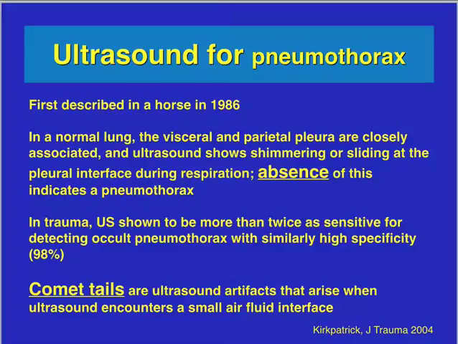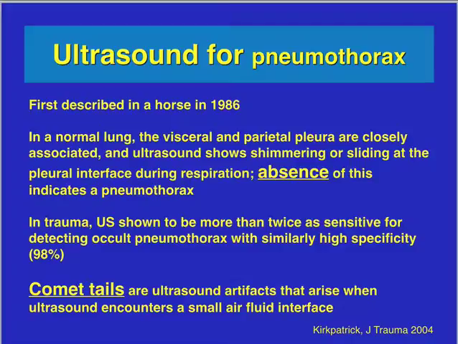Remember, absence of this can also be in other disease processes, such as the patient is not breathing, main stem intubation, pneumonias, aspiration pneumonias. So don't be tricked by thinking that just because there is no lung sliding that the patient has a pneumothorax. In trauma patients, ultrasound was shown to be more than twice as sensitive for detecting occult pneumothoraces with a similarly high specificity.